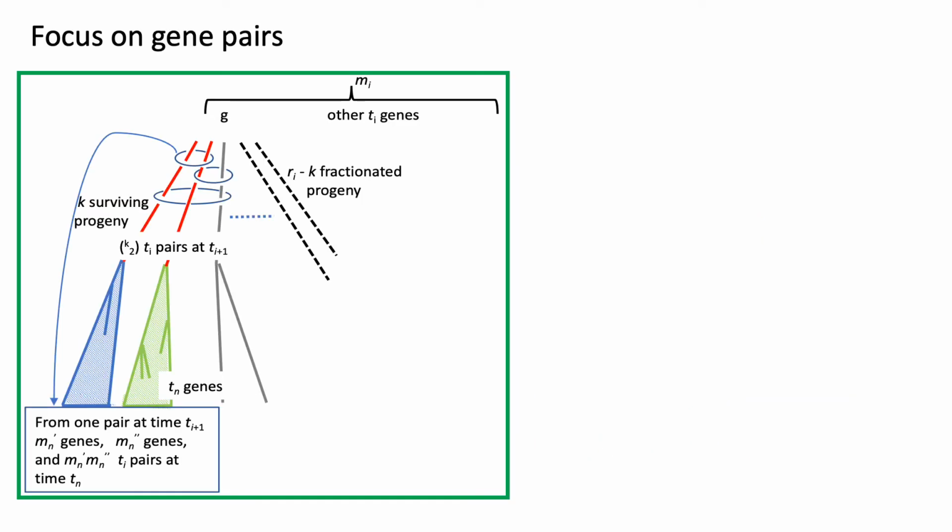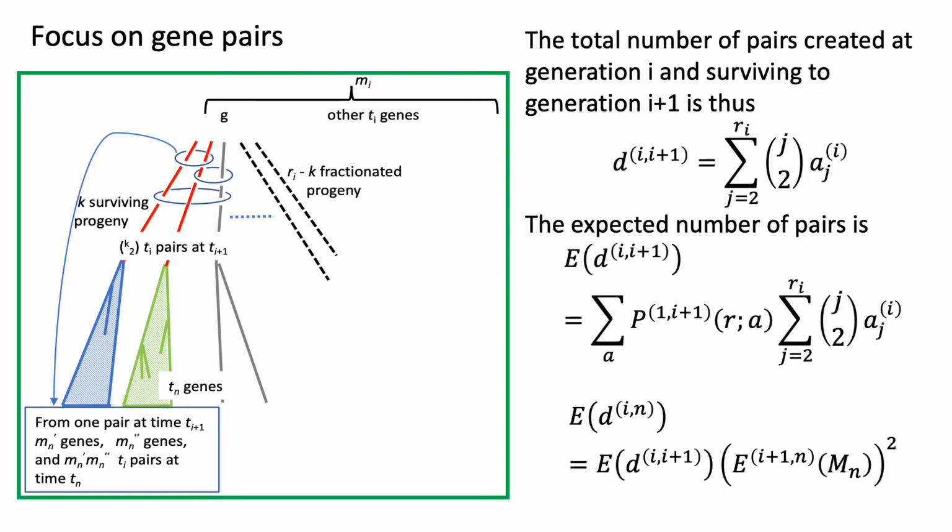To get that, we can multiply the expectations from three independent events: from M1, from time 1 to time Ti, count the number of pairs, and then for each of these pairs, count the number between Ti plus 1 and the present day, and we can predict the number of pairs.